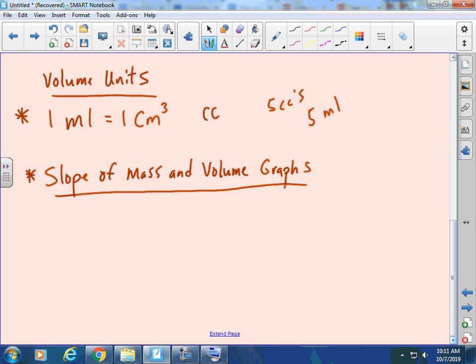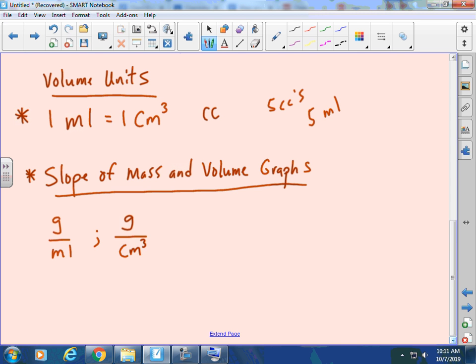Okay, so we know that in one case it was grams over milliliters, or in the second graph, it was grams over cubic centimeters, which we now know those two terms, milliliter and cubic centimeter, are interchangeable now. All right, so what do you think that best fit line, if we find the slope of it, what do you think that represents? Any idea? Jerry, I think you started to tell me about it before. What do we think that slope represents?